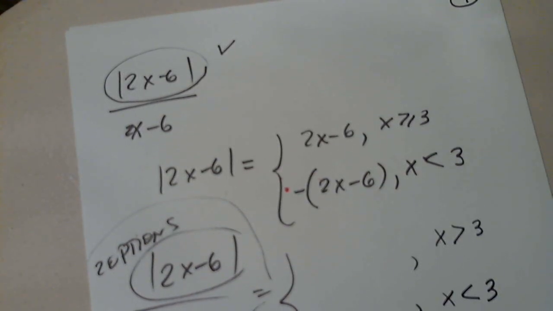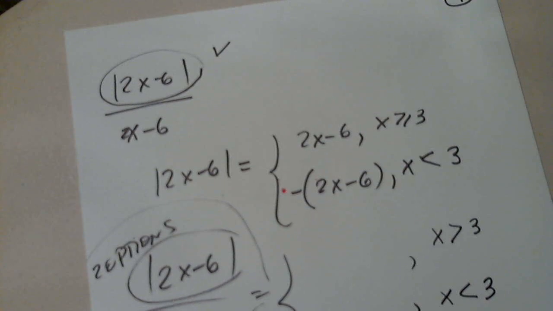So now let's see what we get. If the top is 2x minus 6 and the denominator is 2x minus 6, what do I get? One more time.